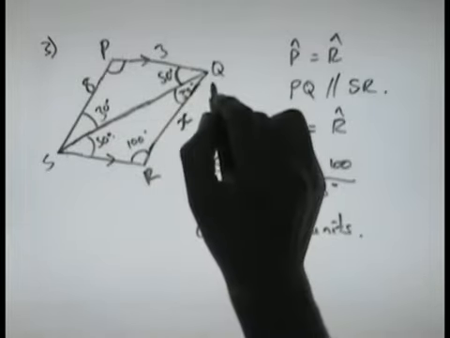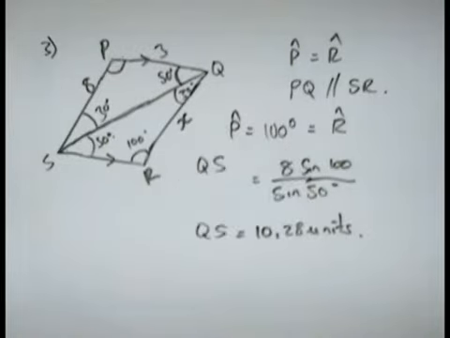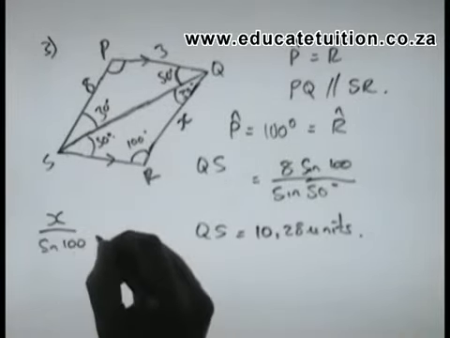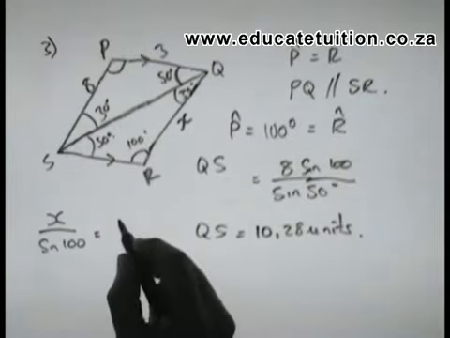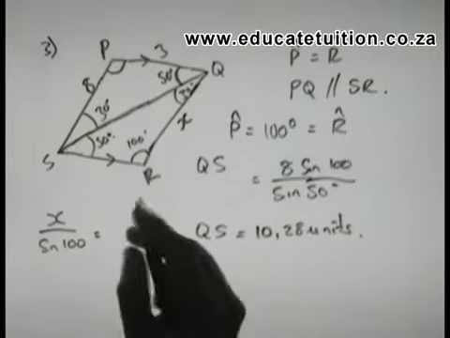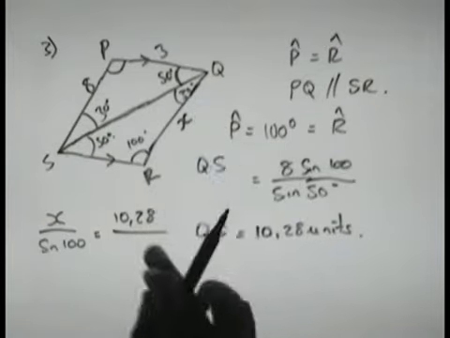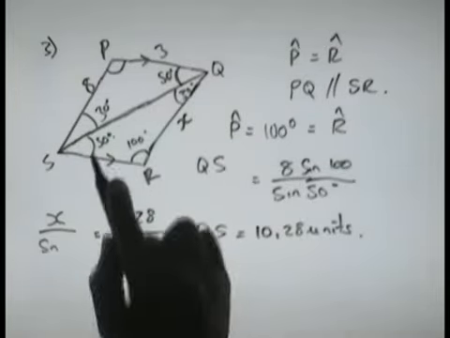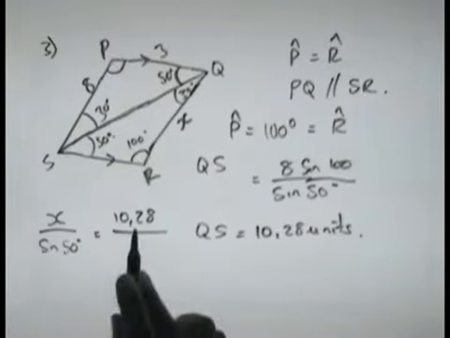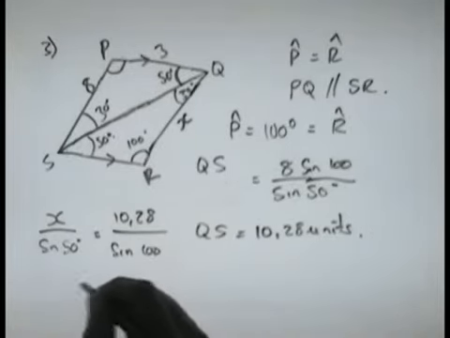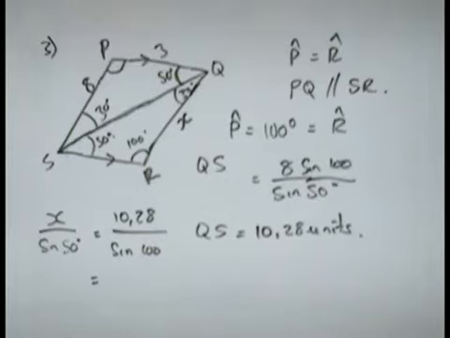I now have QS, which means I can use that to calculate X. Again, I'm going to use the sine rule. I'm going to say X over sine 100 is equal to QS, which we know is 10.28 over, sorry, not X over 100, X over sine of 50 degrees is equal to QS over sine of 100, which means that X is equal to sine 50 multiplied by 10.28.